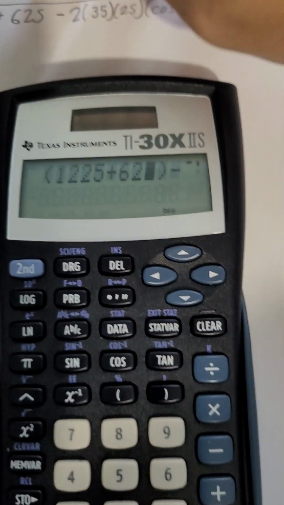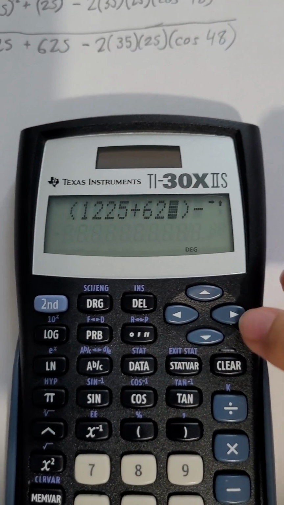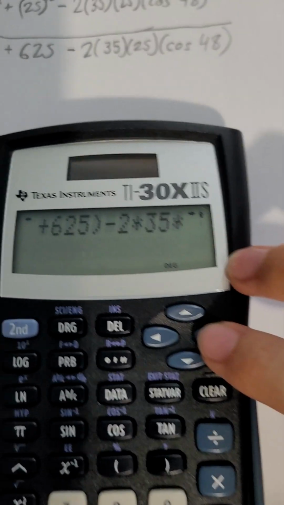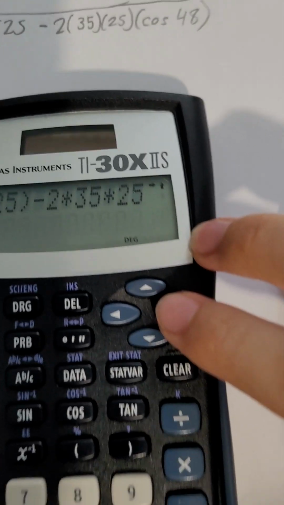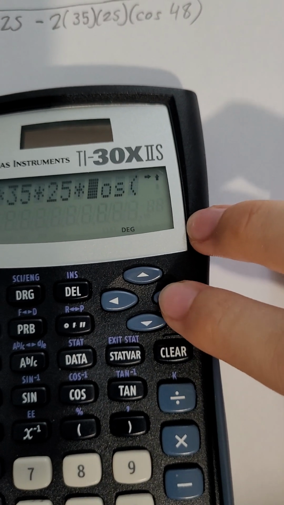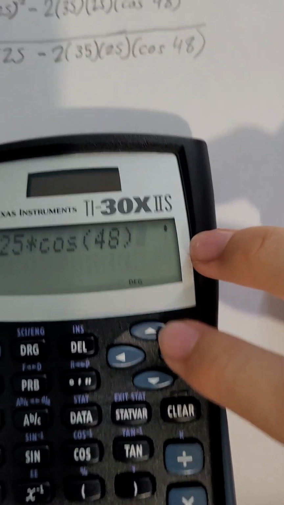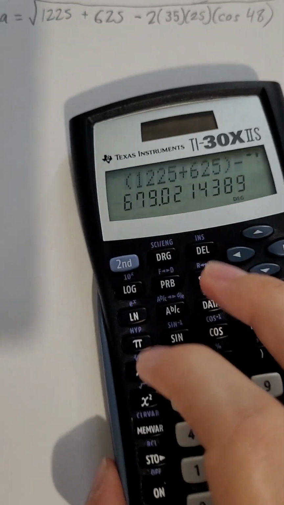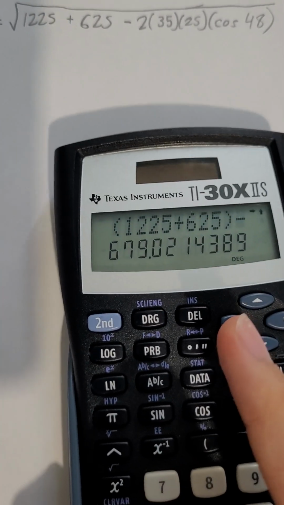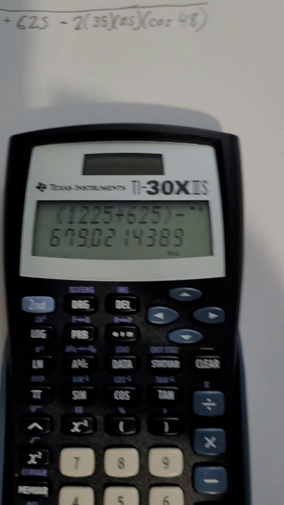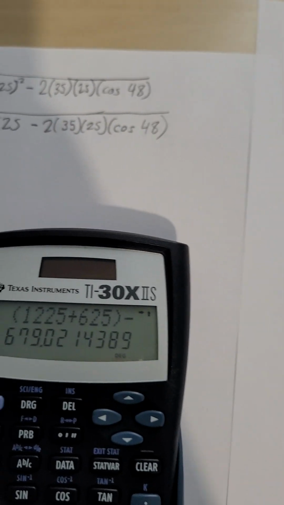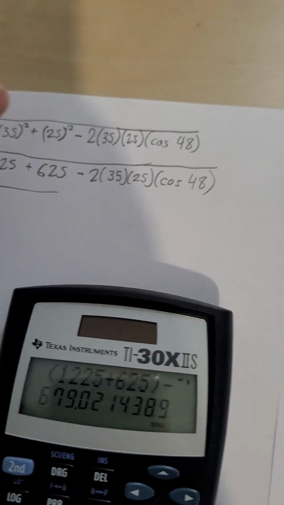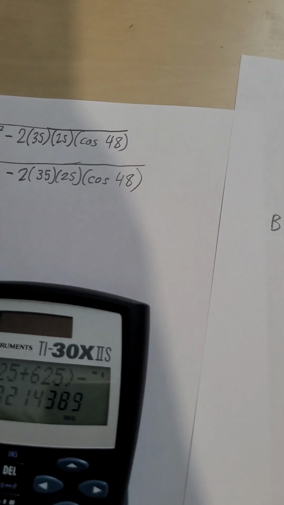We have the squares of b and c added together, then we subtract 2 times the length of b, which was 35, times the length of c, which was 25, and then times the cos of A, which was 48. And then when we press equal, we get 679.02. So a would be equal to the square root of 679.02.